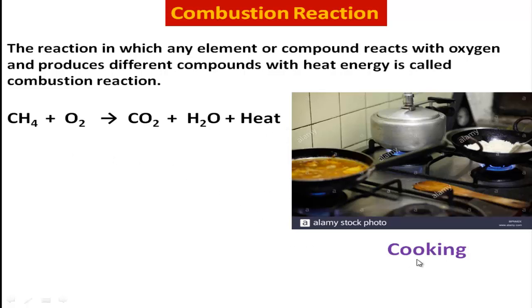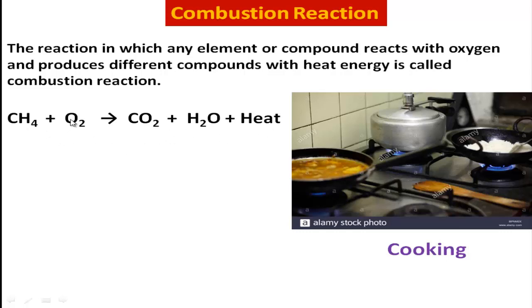So during cooking, when we use natural gas, because in our urban areas, in most of the cities of our country, they use natural gas as fuel for cooking, during cooking this type of combustion reaction occurs.